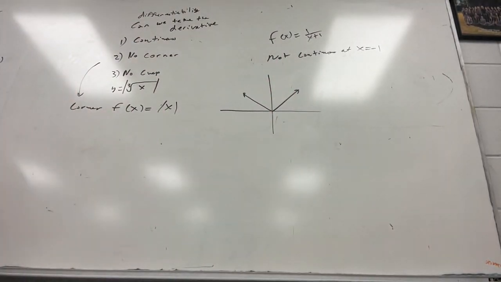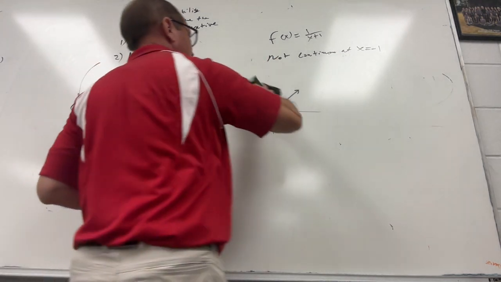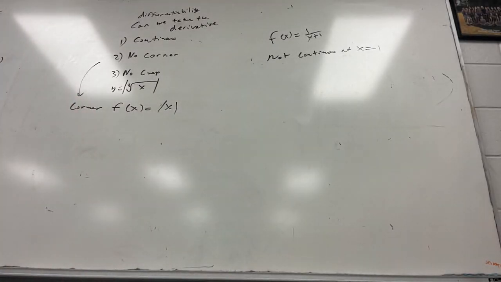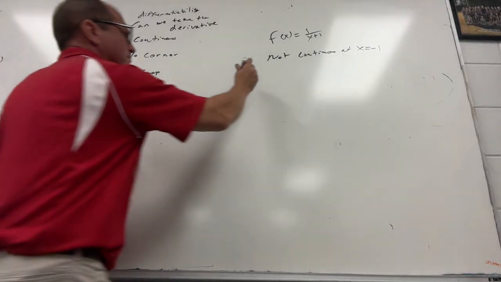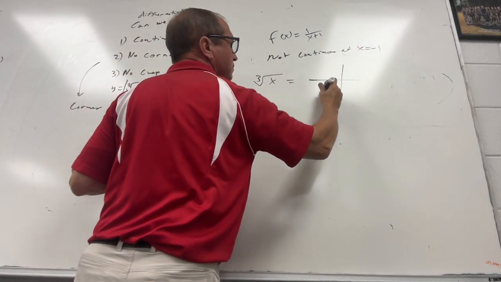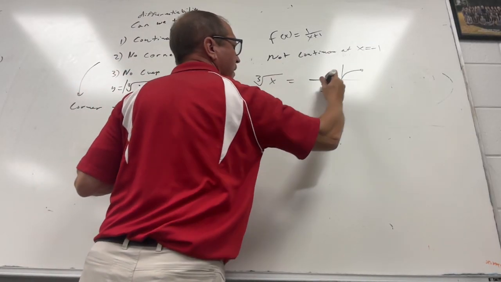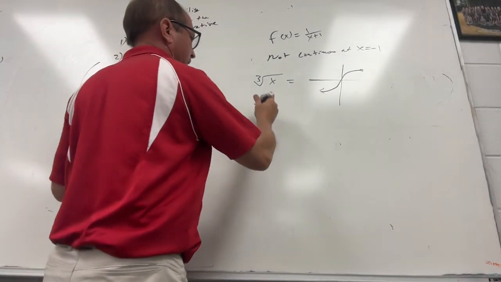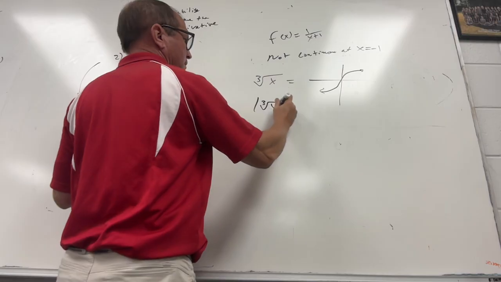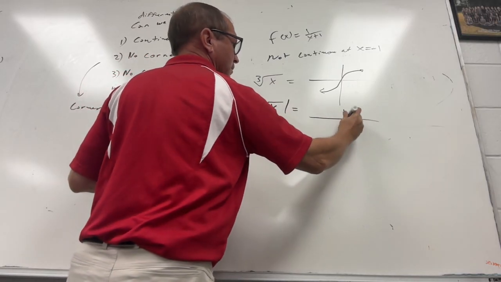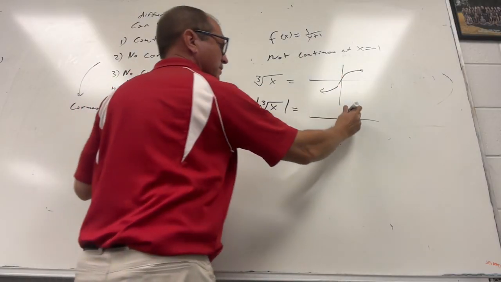That would look like, all right, the cube root of x looks like this. Okay? Now, the absolute value of the cube root of x looks like this. In other words, these turn positive.